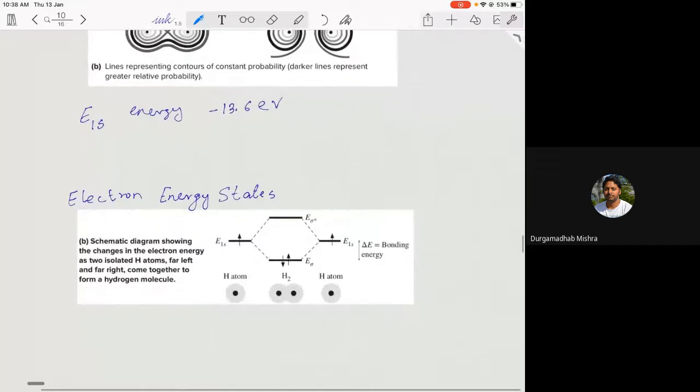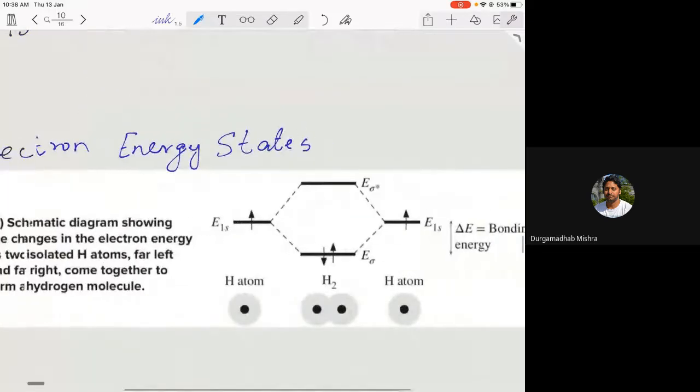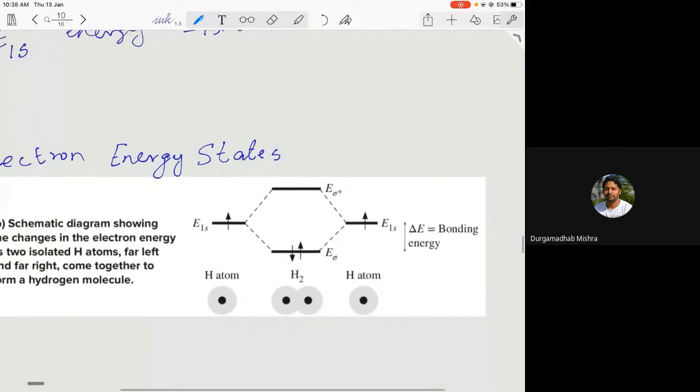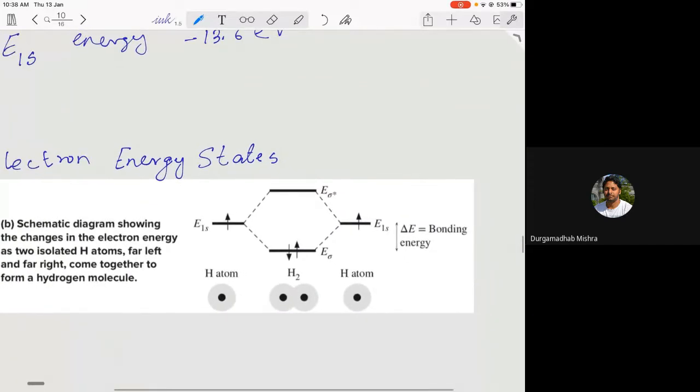Okay. So again, if you see the picture here, you have two distinct atoms, represented by E1s, each has one electron. Now when you bring them closer, you have two molecular orbitals, and the energies are given by E sigma and E sigma star, or the bonding and the anti-bonding energies.